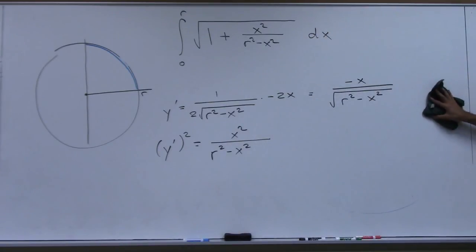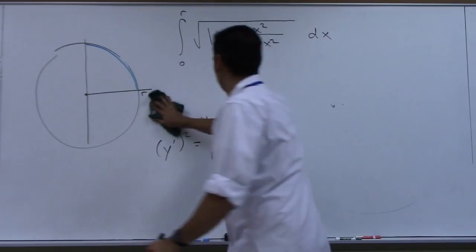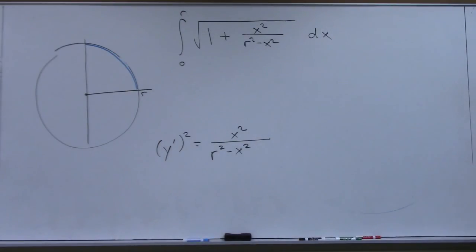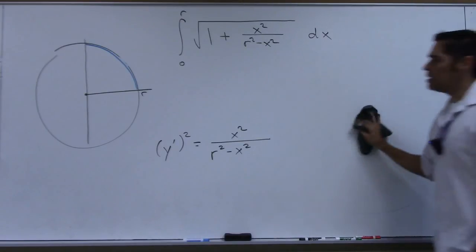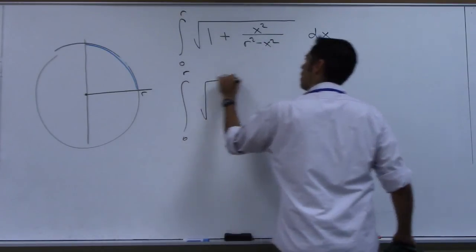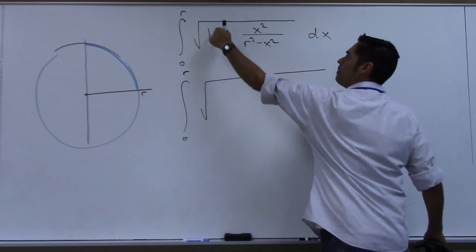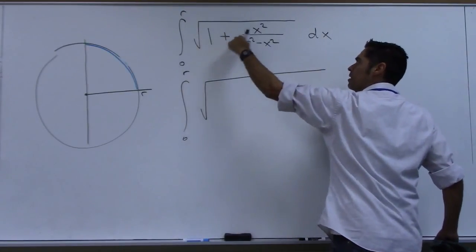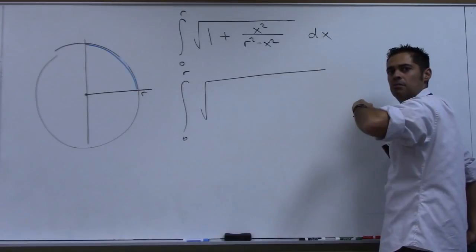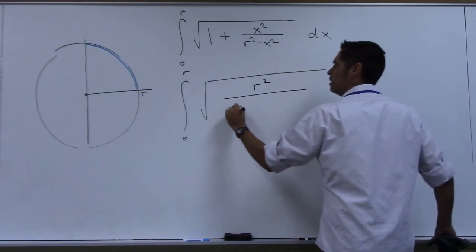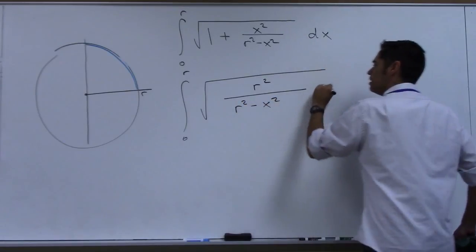What should I do now? What worked last time when we looked at it and said, what the hell do we do? Common denominator. When we get a common denominator here, you're going to get on top and bottom here r squared minus x squared. And so when you do the addition, I think the x squareds cancel. And you're just left with r squared on top, and on the bottom, r squared minus x squared dx.